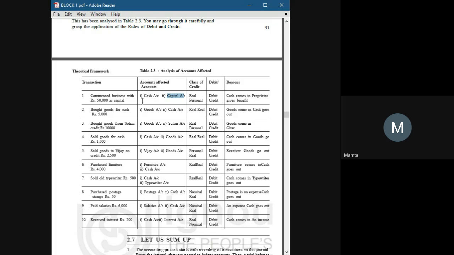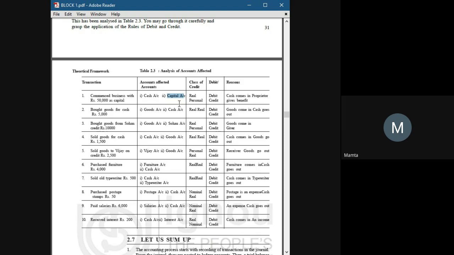This capital amount is always a liability for a business, because it's the business's responsibility or duty to give you fair returns. You are just like an investor for your business, but the issue here is that you are running that business. Sometimes we relate that business and owner are the same, but no, business is always considered separate from the owner. Okay, they are two different things.